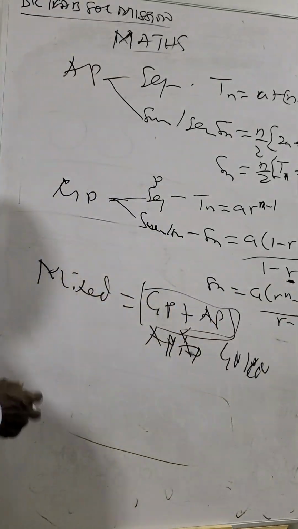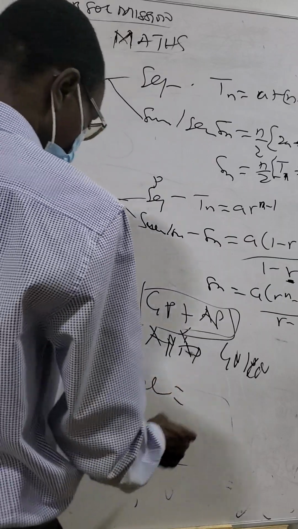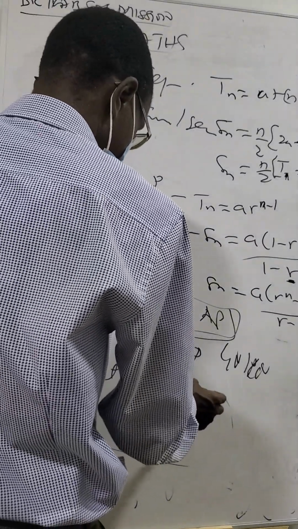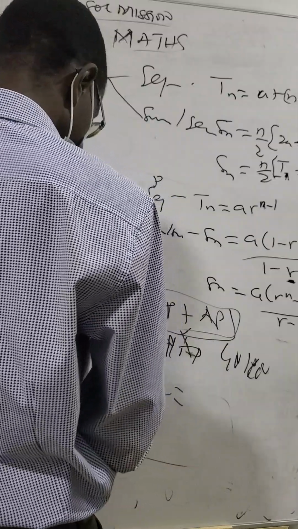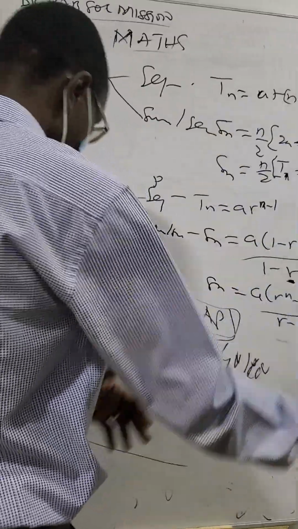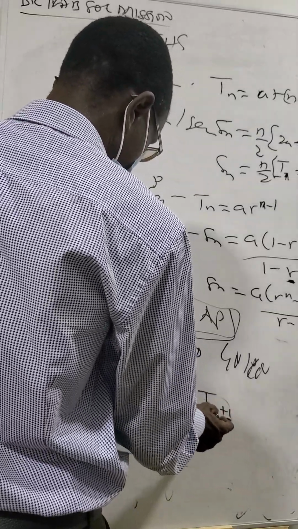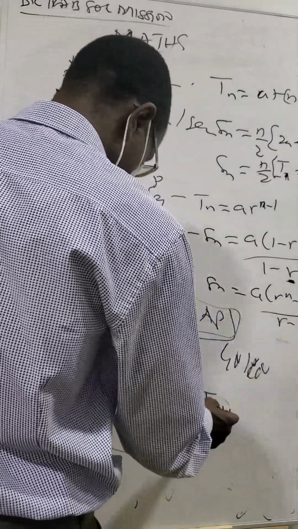Right, so then we came to the last one, recurrent relation. That one we said when it comes here we are looking at the next term. So the next number, which is n plus 1, that's why we are adding plus 1. This is the number itself, and the next number is n plus 1.